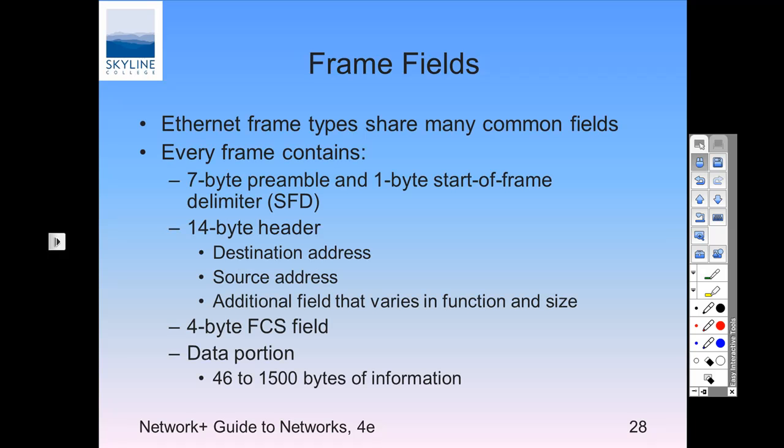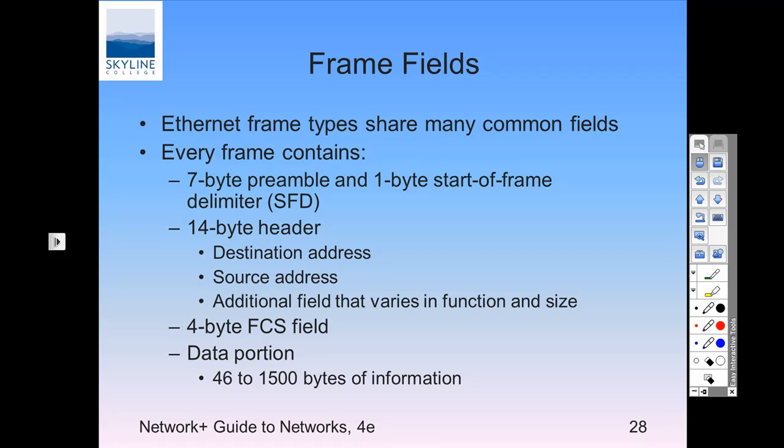The Ethernet frames, and they've got a picture here of a frame: a 7-byte preamble, a start frame delimiter, a 14-byte header with the destination address and source address, the MAC addresses. An additional field that varies in function and size.